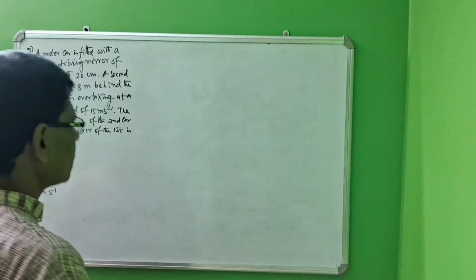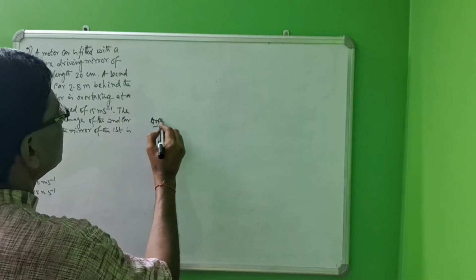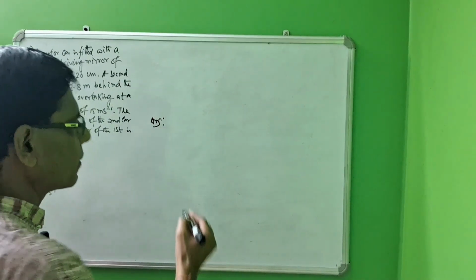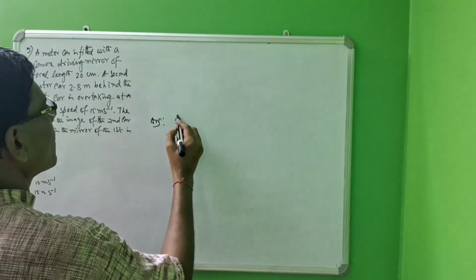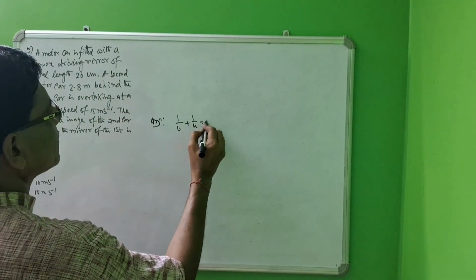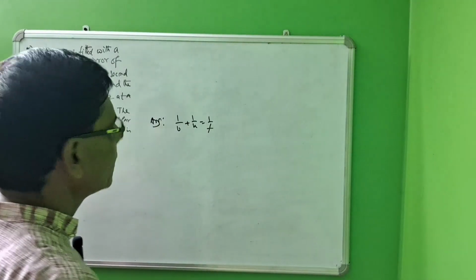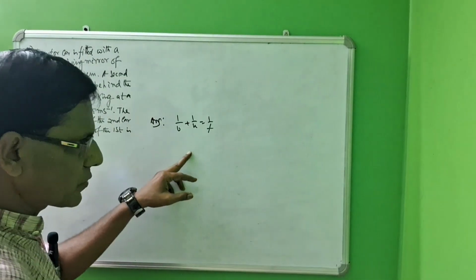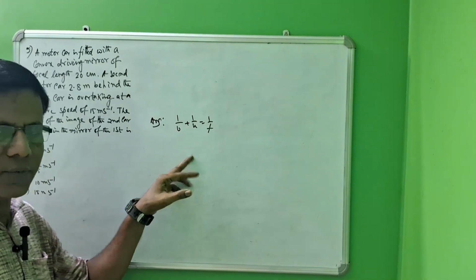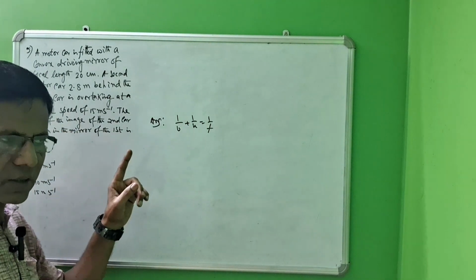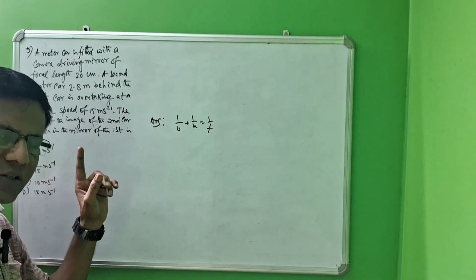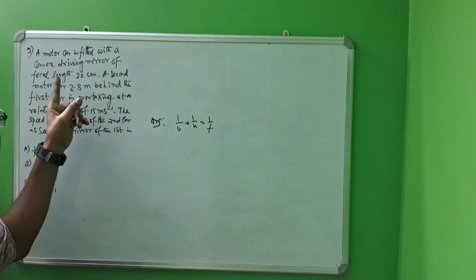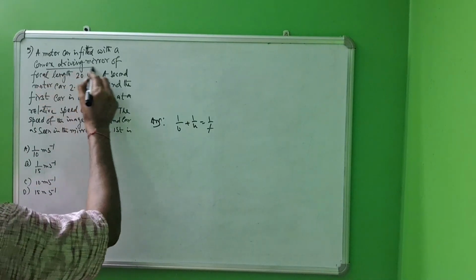Here we know the general equation for a mirror with a curved surface: 1 by v plus 1 by u equals 1 by f. This relation is to be applied for the second motor car and the first convex driving mirror.